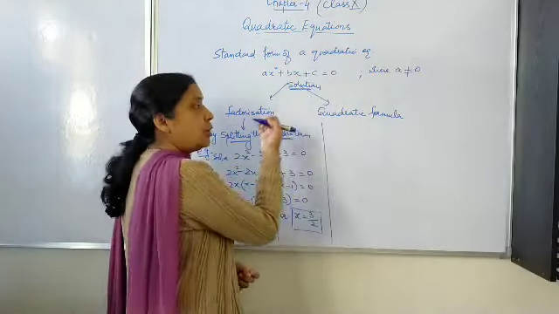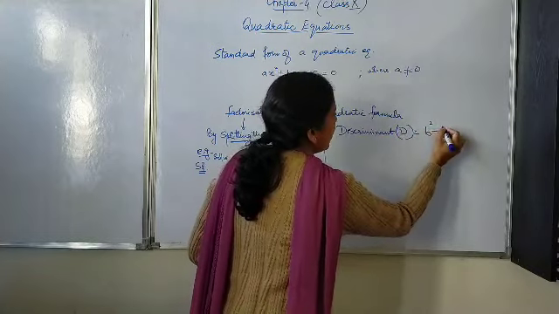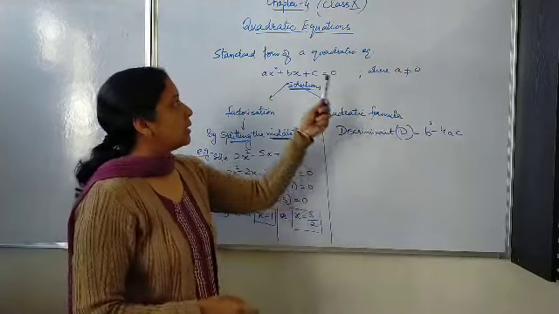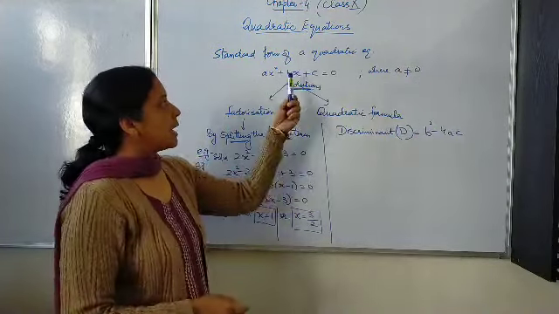For this, we have to find the discriminant D, which is b square minus 4ac. b is the coefficient of x, and it is to be raised to the power 2. Minus 4 times a, where a is the coefficient of x square and c is the constant term in your given quadratic equation.